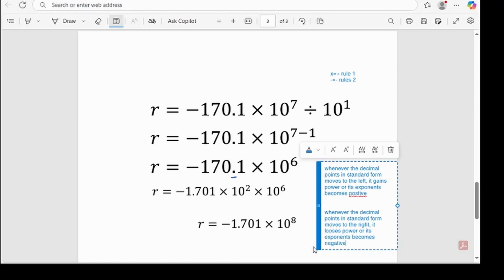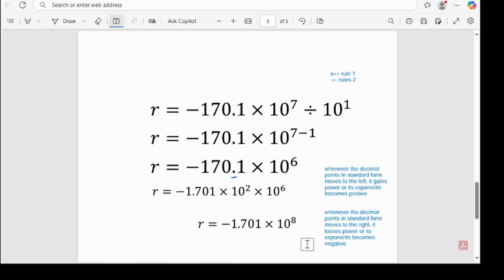Okay, so this is a rule that you have to jot down.